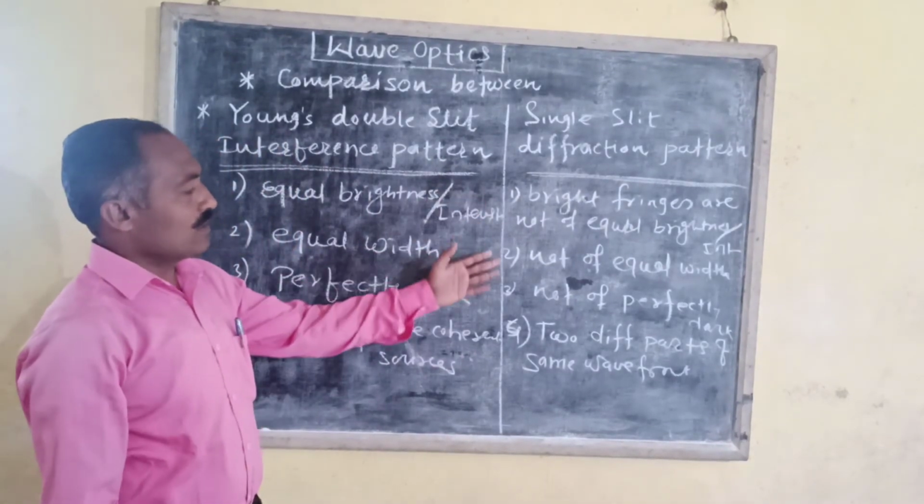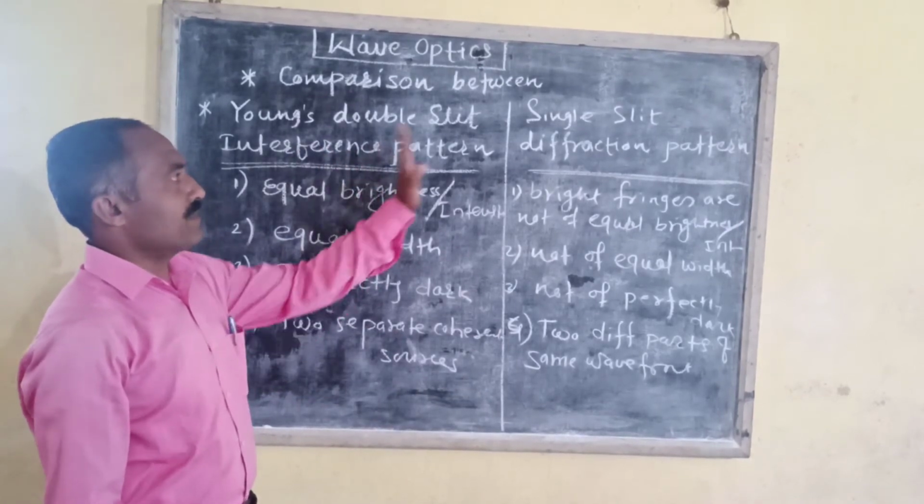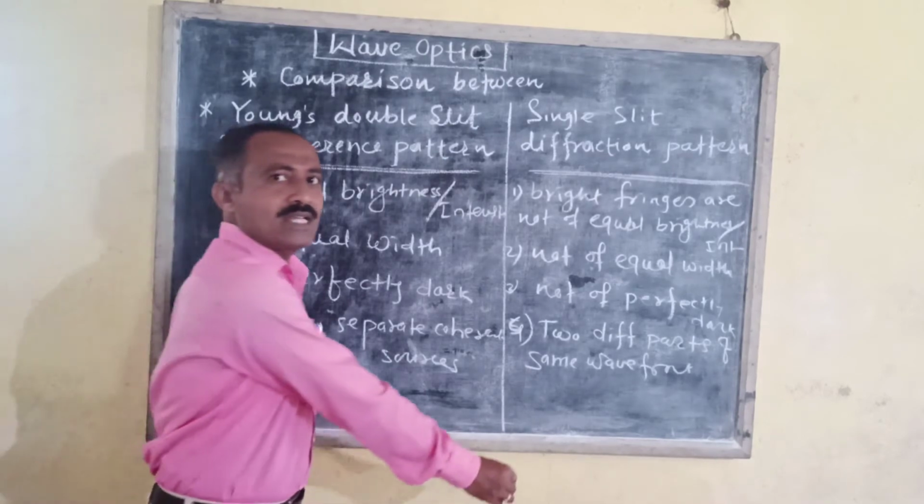These are the four differences between Young's double slit interference pattern and single slit diffraction pattern.